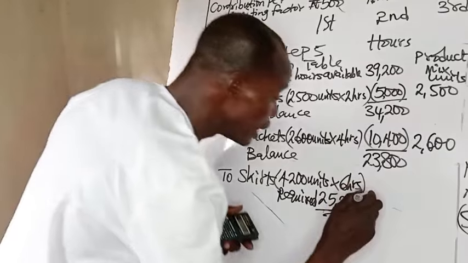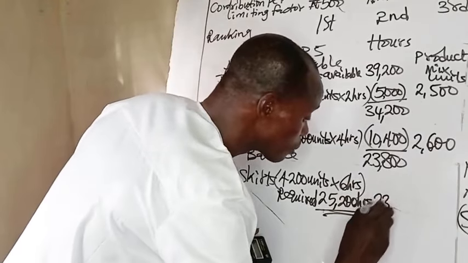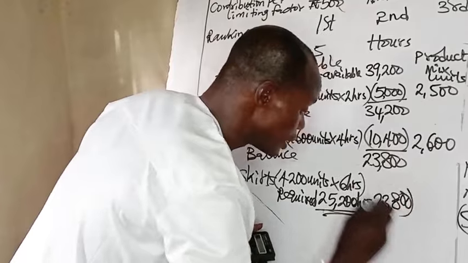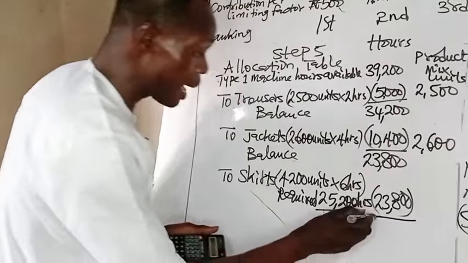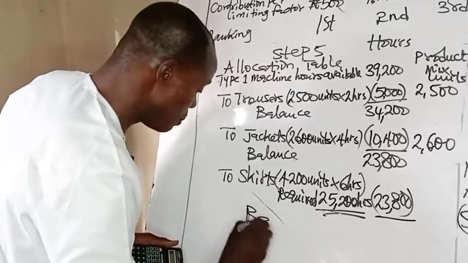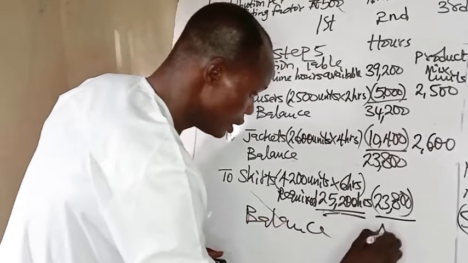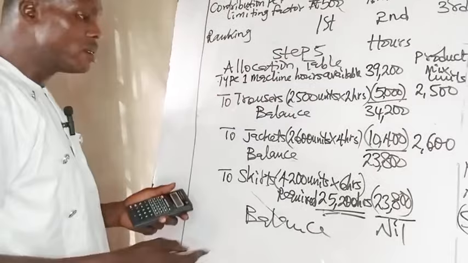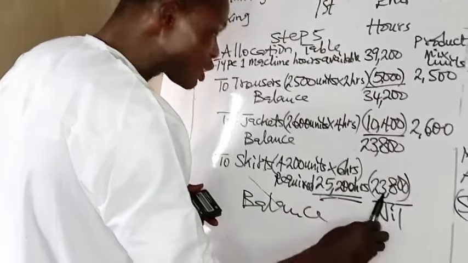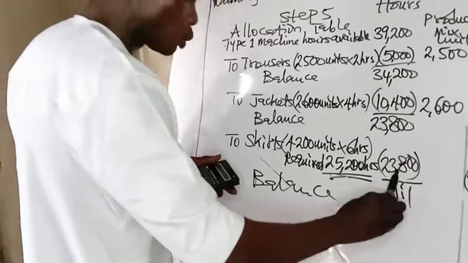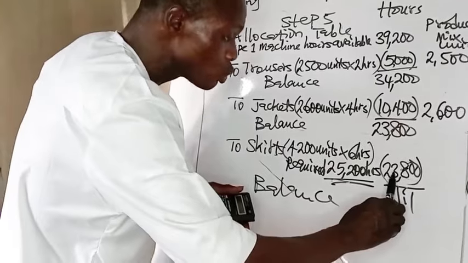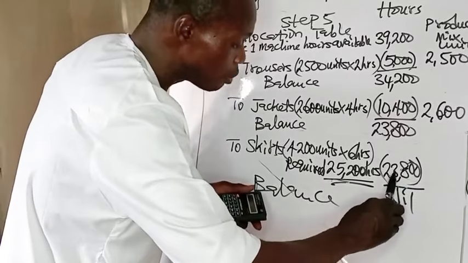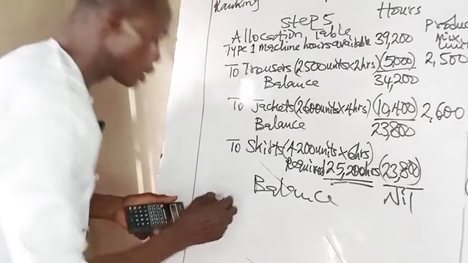So you only allocate the remaining hours, 23,800, to skirt since you did not have up to this. So the balance now will be nil. Then with these hours you have allocated to skirt, how many units of skirt would this 23,800 hours be sufficient to produce?